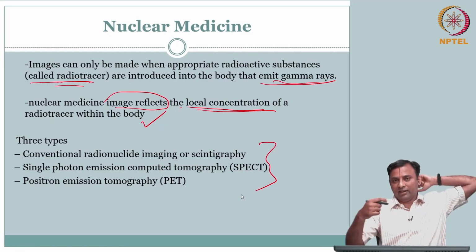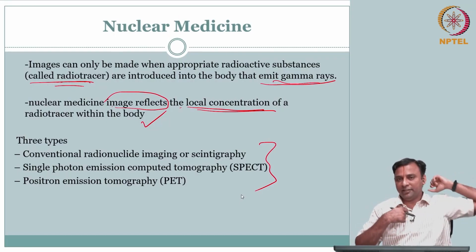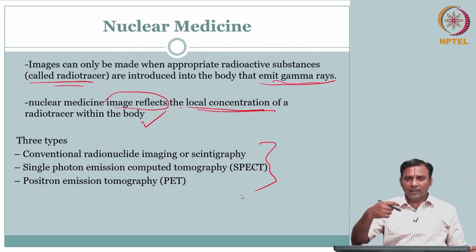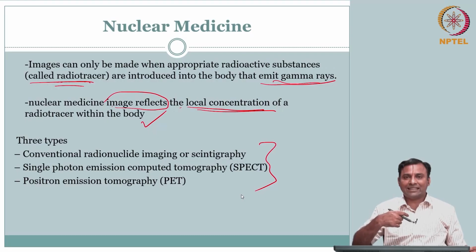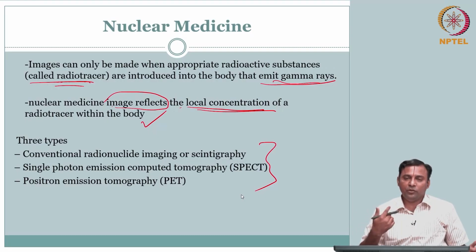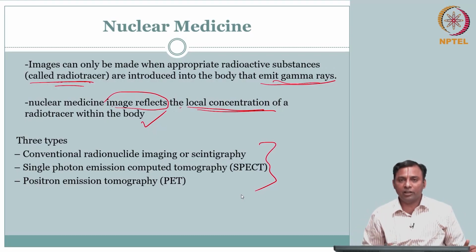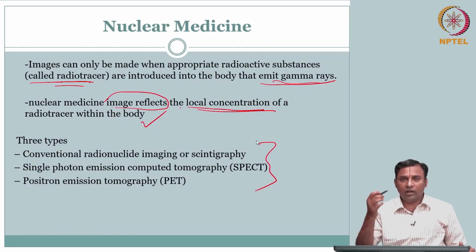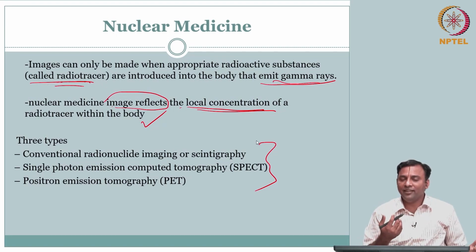But I can say along which position x comma y, if z is the depth. You don't know where it is situated along front to back, but otherwise you know. Similarly, same logic, if the source is inside the body, how does it matter?